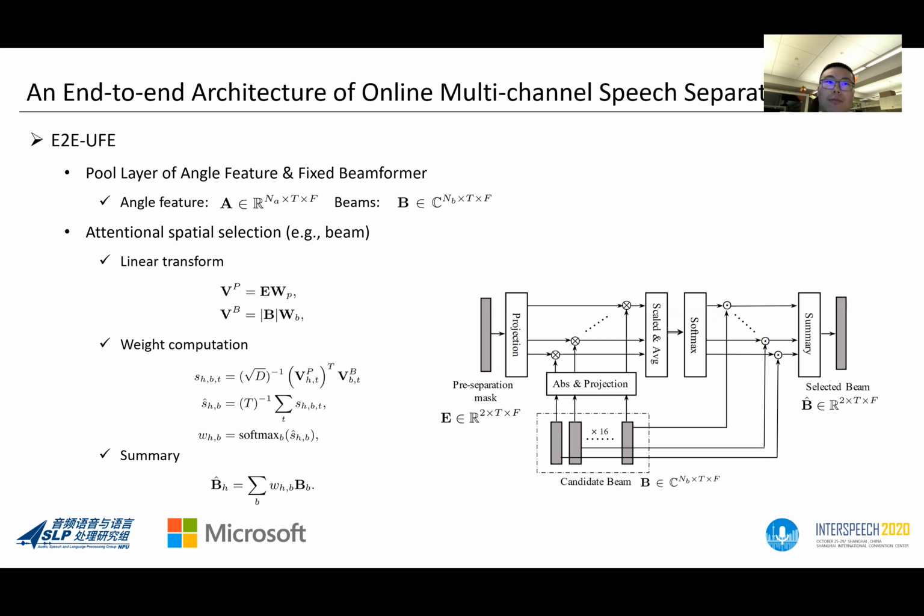After that, we average the similarity matrix along the time axis, and then apply the softmax function to generate the spatial weights. Finally, the weighted sum operation is performed to get the selected beams.